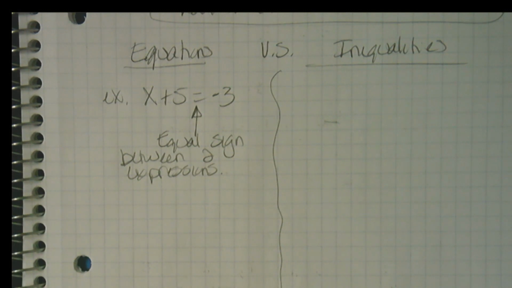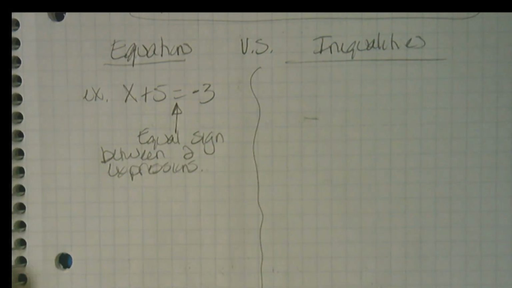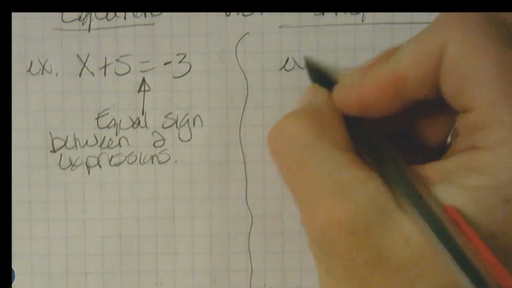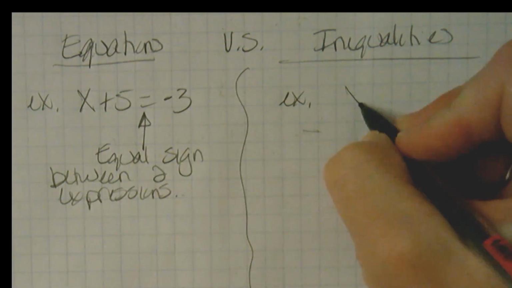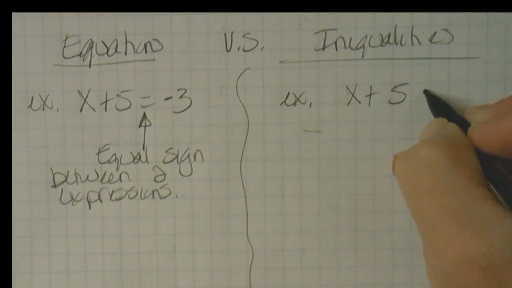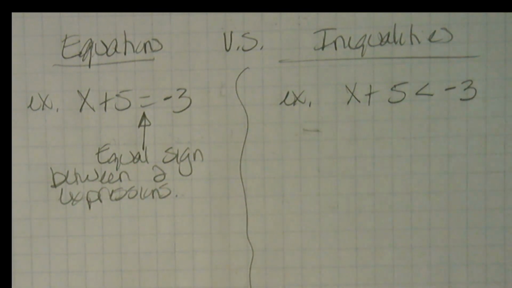All right. So this is an equation. If I was to change that same equation into an inequality, it might look like x plus 5 is less than negative 3.